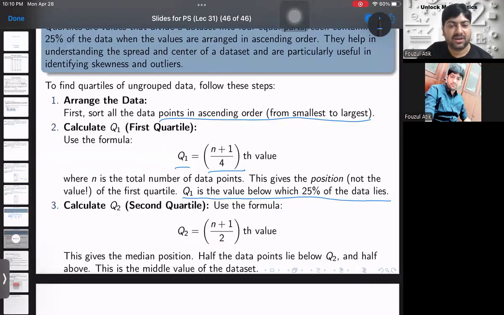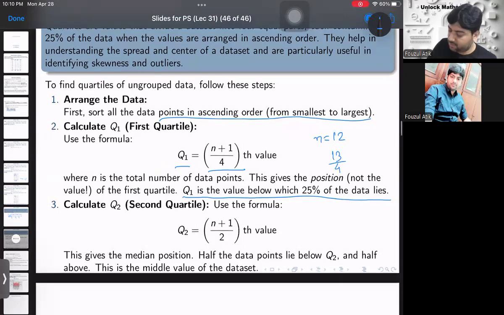One more thing. Suppose n is equal to 12. Then n plus 1 is 13, and 13 by 4 is not an integer.